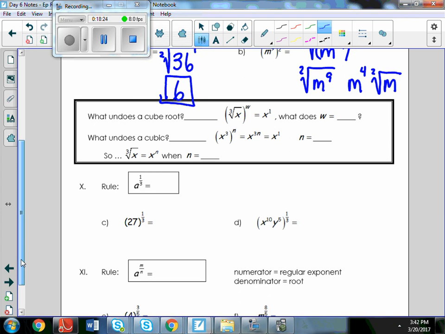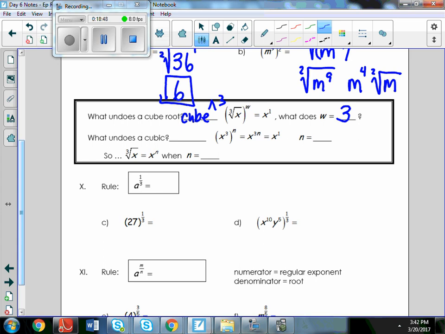So this rule, I bet you guys can figure out what undoes a cubed root. What's the opposite of taking the cubed root? Cubing it. And so if I wanted to take an x out and just make it x to the 1, what power would I have to raise it to? The 3rd.